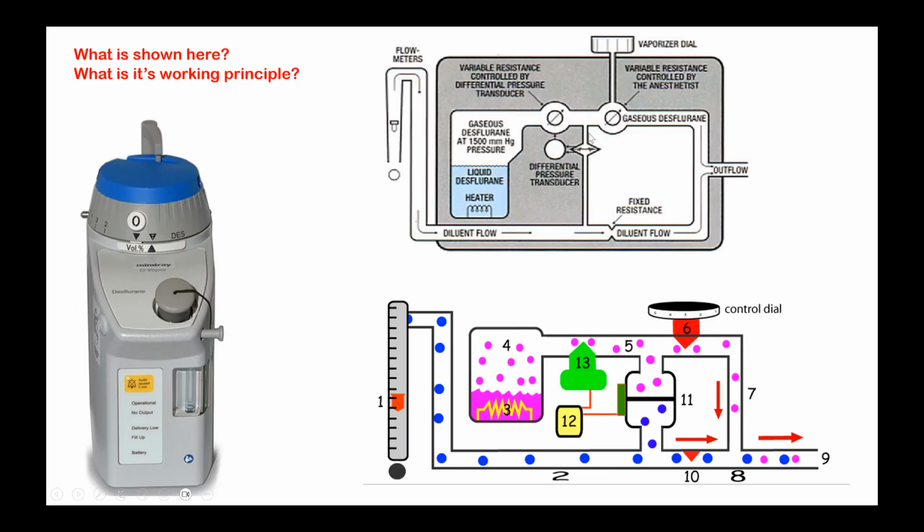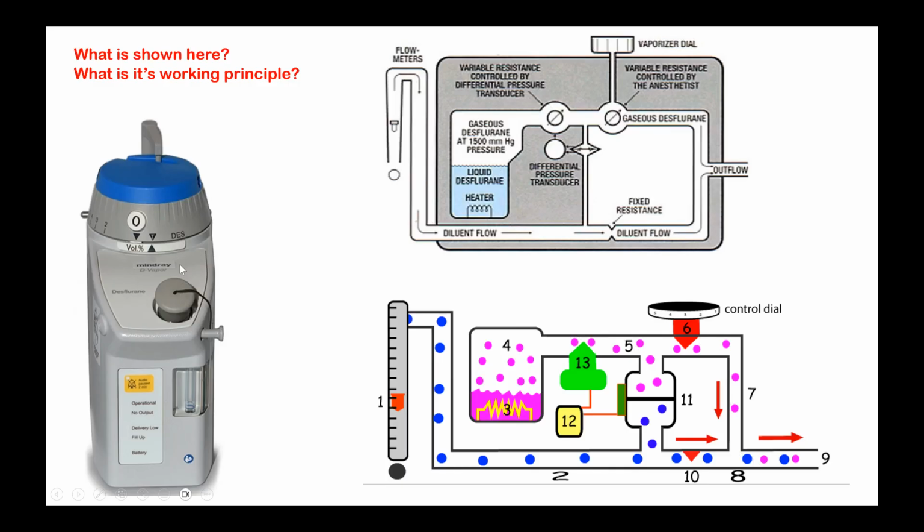So this is another picture of the fresh gas flow coming from the flow meter going straight like that. This is the vaporizing chamber of desflurane. It requires heat to vaporize that, and that is why it requires the electrical connection to operate.